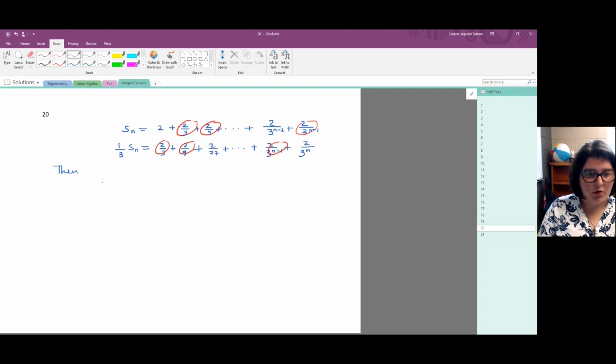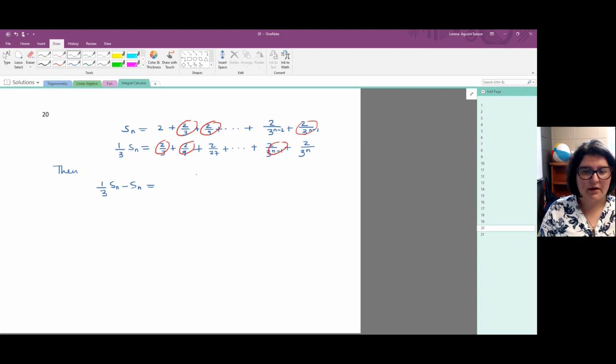Then if we take 1/3 of Sn minus Sn, many terms cancel out, except for the 2. The 2 is part of the expression for Sn, but not for 1/3 of Sn. And this term 2 over 3 to the n is part of 1/3 of Sn, but not of Sn.